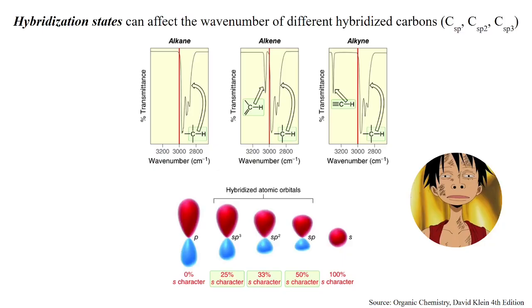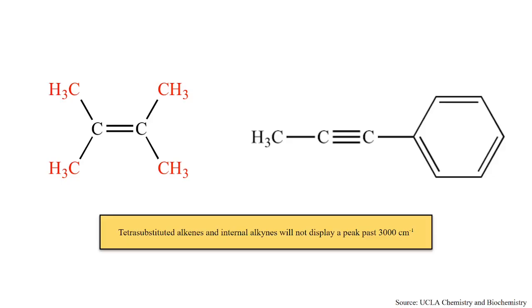The one thing I want you guys to remember is if you're analyzing a compound where you know it has a double bond or a triple bond and those additional peaks don't appear, that doesn't mean that the compound does not have a double bond or a triple bond. There are two cases where this is true. On the left, you have a tetrasubstituted alkene, and on the right, you have an internal alkyne. You can see that the sp2 carbons and the sp carbons do not bond to a hydrogen.